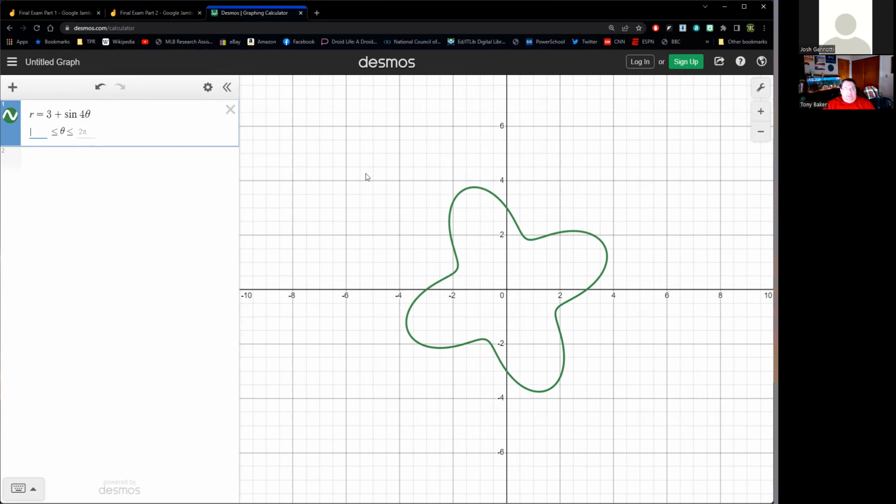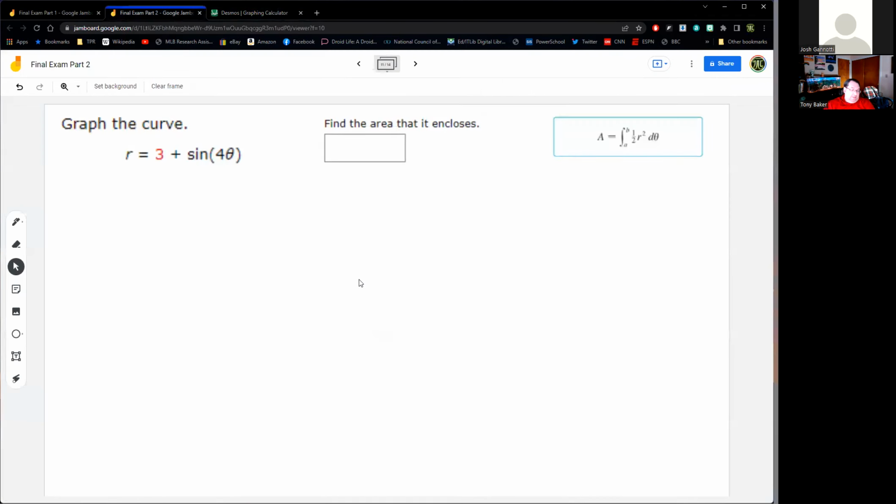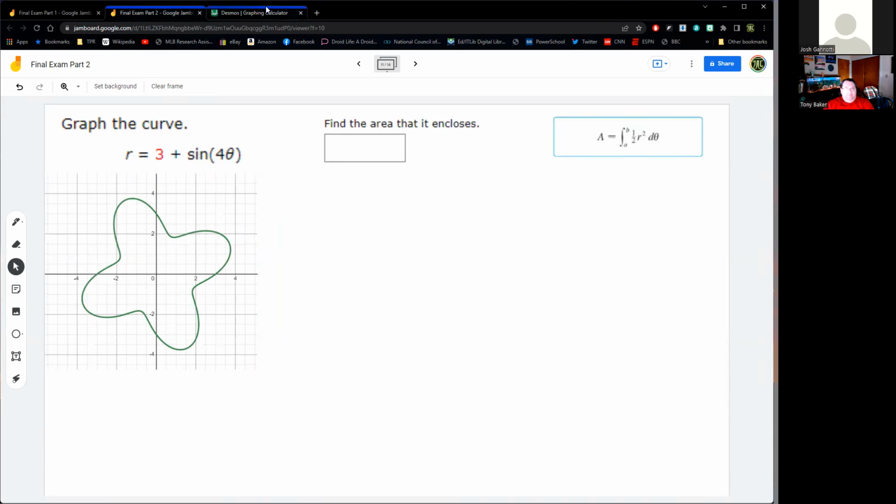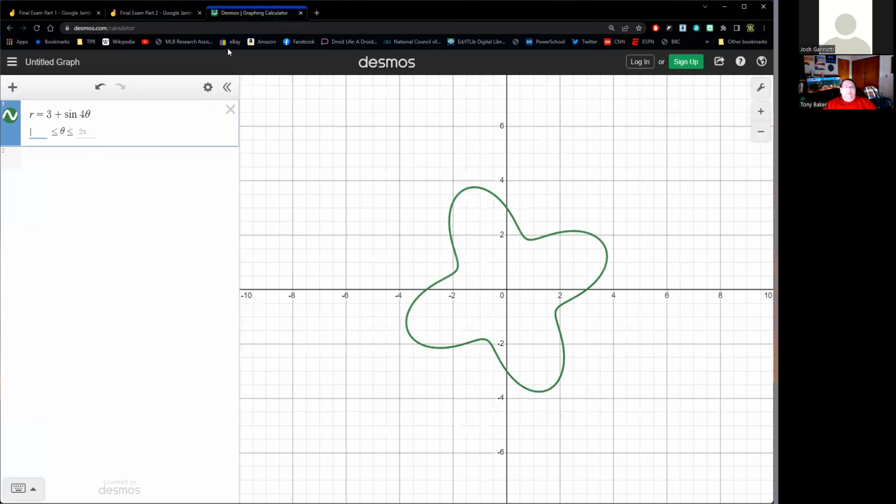So the first part of it, just literally throw it in Desmos and get your graph. The other thing that you can do when you graph it is make sure you're only doing the part that matters.